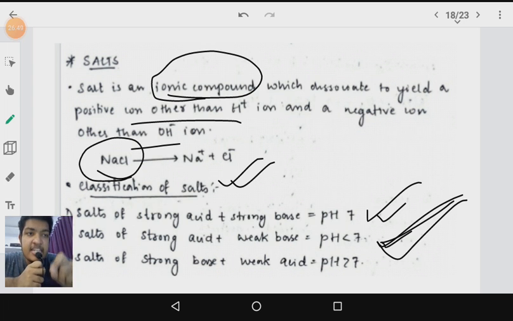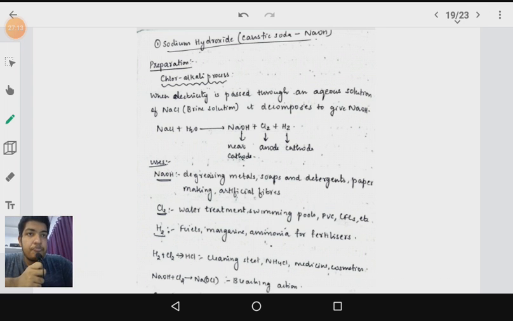This sodium acetate is going to have a pH which is greater than 7 because the acid was weak as well as the base was strong. So these are the three types of salts which are present. First one is the salt of strong acid and strong base. Second was the salt of strong acid and weak base. And the third is the salt of strong base and weak acid.